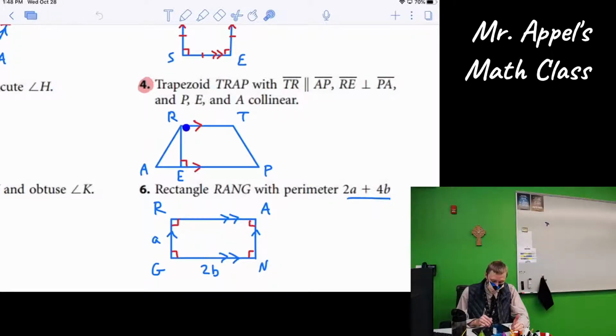It's some new segment drawn in to be perpendicular with PA, which means my trapezoid actually has to extend out and be this double slant guy here. Okay? This is why we started with the reasoning, so that you have the deductive skills to work through it. If I know this has to be true, then it follows it must be this way. All right? So you can work through problems like that.